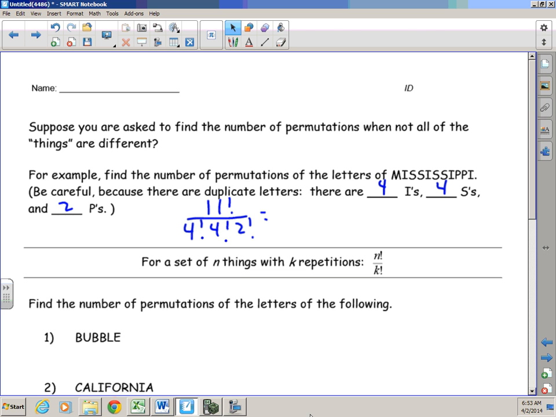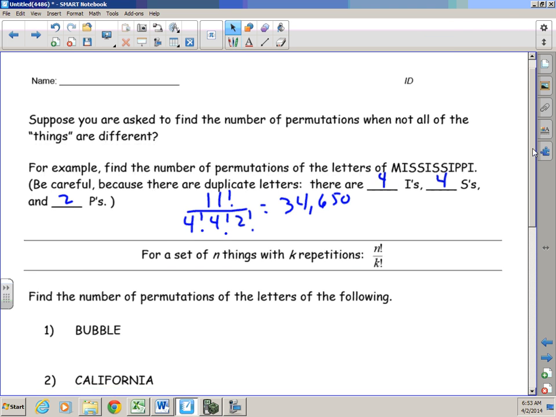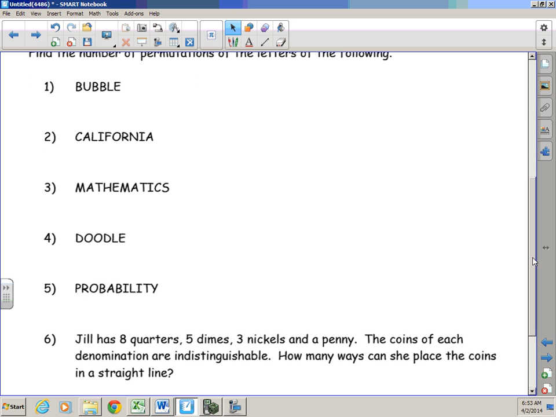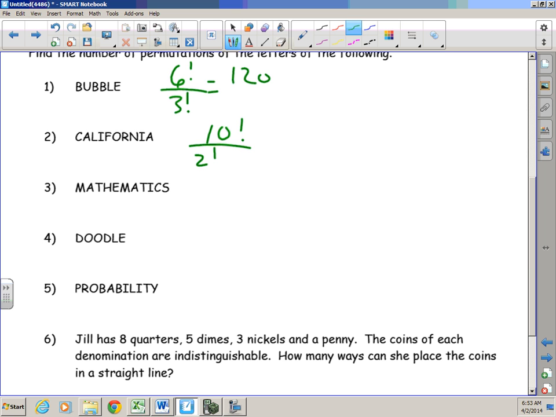All right, sorry to belabor that, but I wanted to make sure you saw how to do that. So if we do the same for each of these words down here, we get 6 factorial over 3 factorial, which is 120. 10 factorial over 2 and 2, which is 907,200.